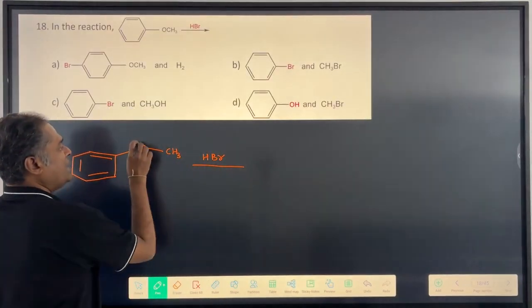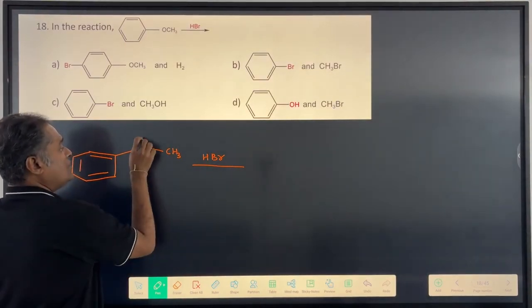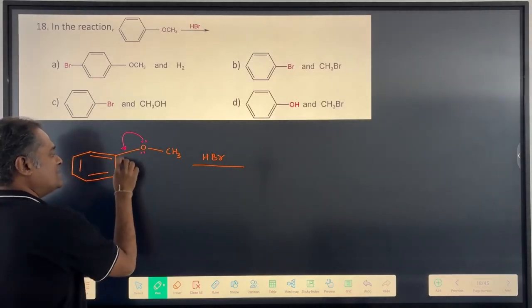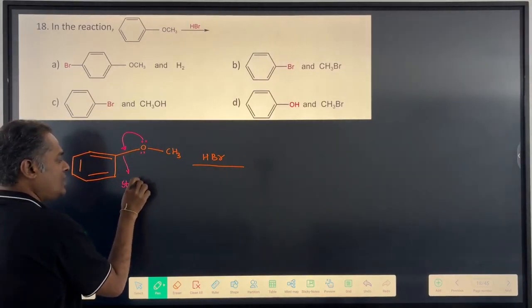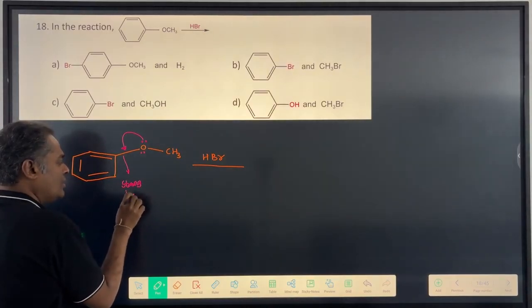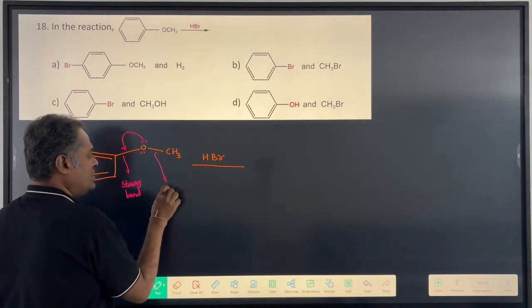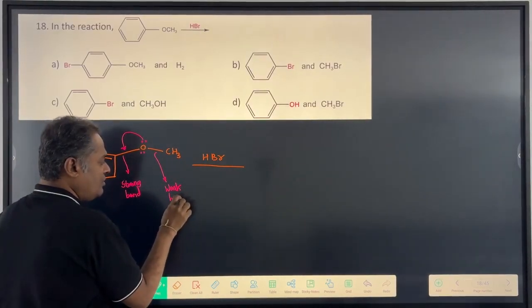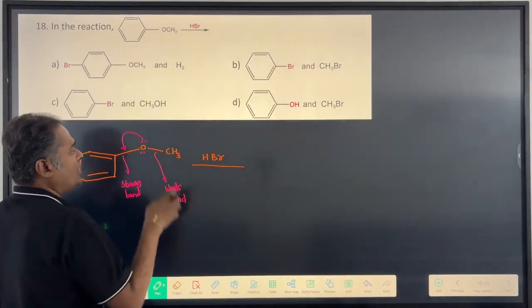But let us see how we get that. Over here, can you see that you have a lone pair? Now, this lone pair gets involved in resonance with the pi bond of the benzene. Hence, this bond becomes a strong bond, and on the contrary, the other bond is comparatively a weak bond. So, now tell me one thing, child: if a bond has to break, which bond is going to break?